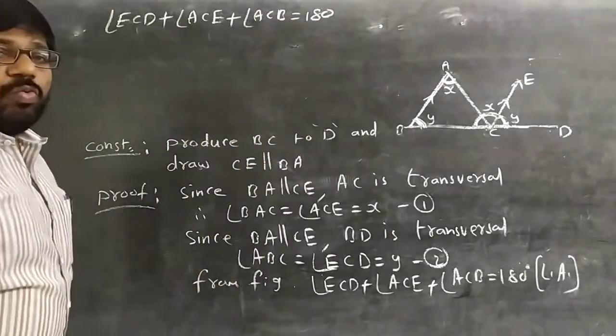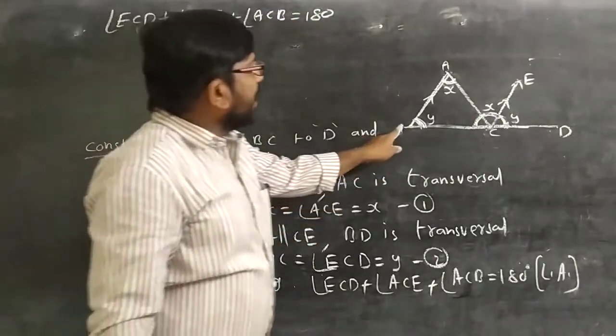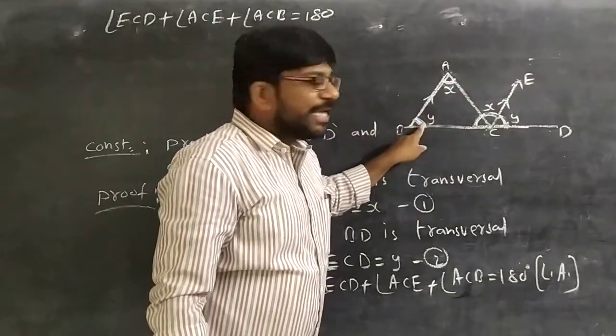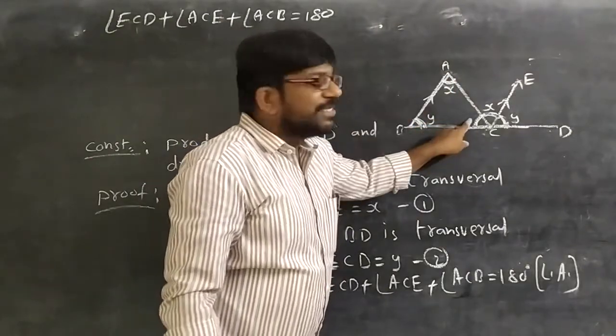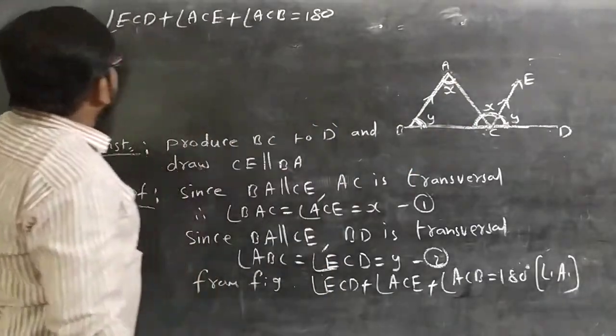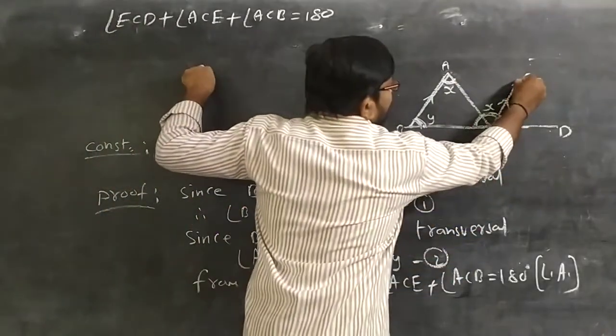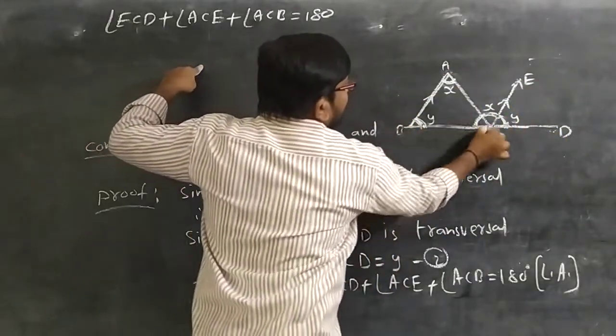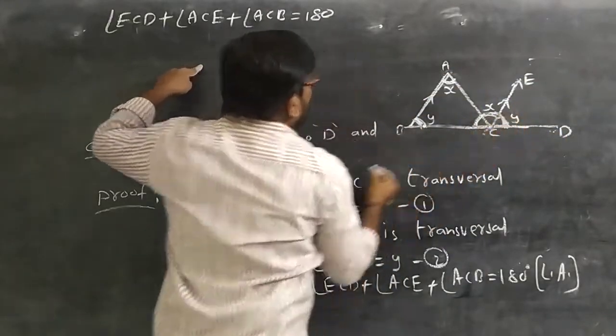But we want to prove angle BAC plus angle ABC plus angle ACB is 180 degrees. See, angle ECD can be written as ABC. These two are equal, right?